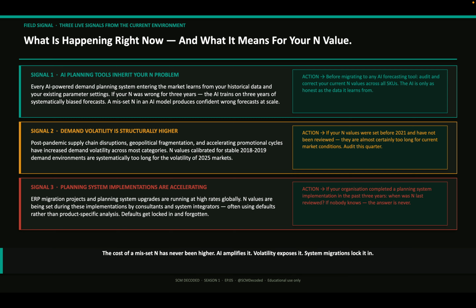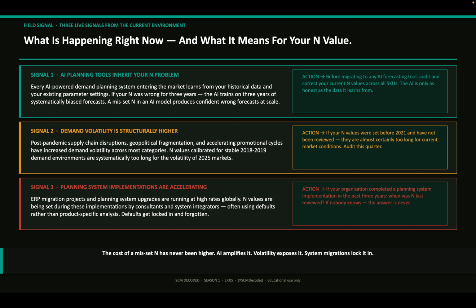ERP migrations and planning system upgrades are running at high rates globally. N values are being set during these implementations by consultants and system integrators, often using vendor defaults rather than product specific analysis. Check on that. Those defaults get locked in and forgotten.